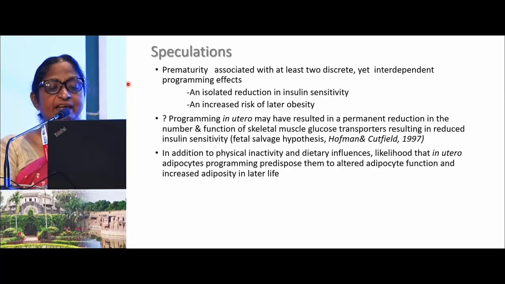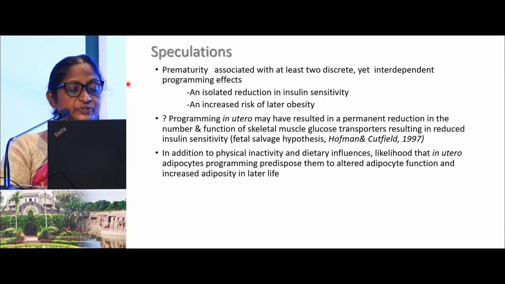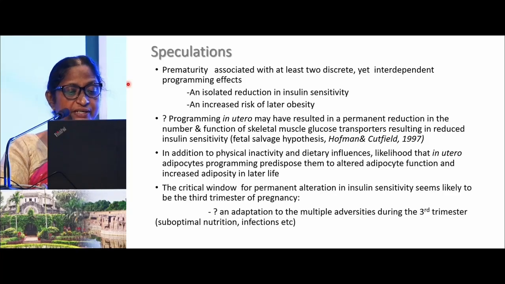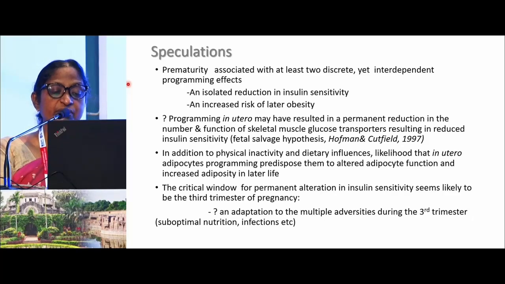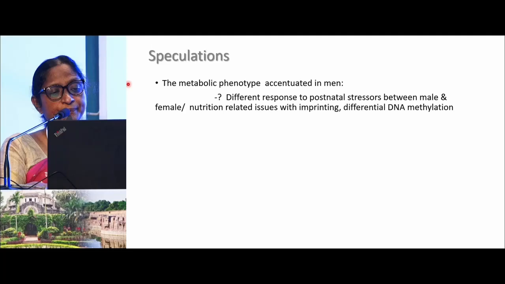In addition to physical inactivity and dietary influences, there is a likelihood that in utero adipocyte programming may have predisposed them to altered adipocyte function and increased adiposity in later life. And the critical window for permanent alteration in insulin sensitivity seems likely to be the third trimester, possibly as an adaptation to the multiple adversities.